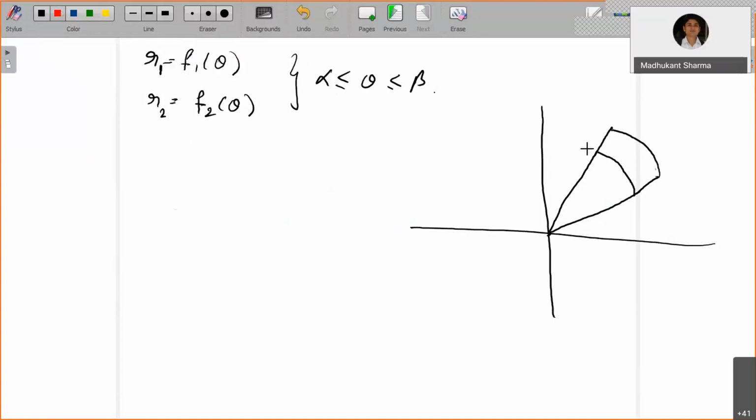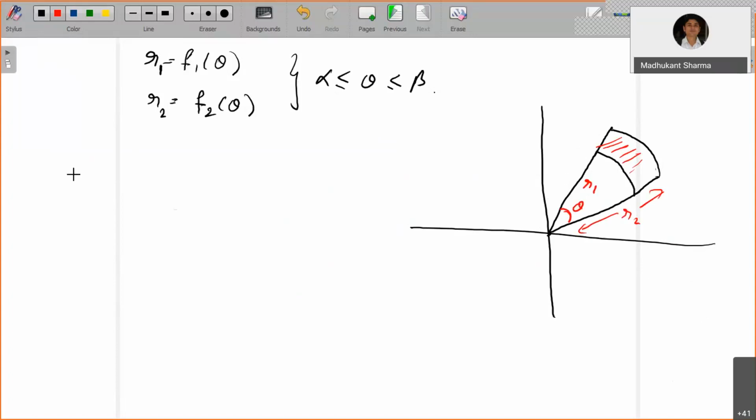So you are interested in finding this area. This is your R1, let's say, and this is R2. Theta remains the same. This is your theta. How will you find it? You will find the area by R2 minus the area by R1.